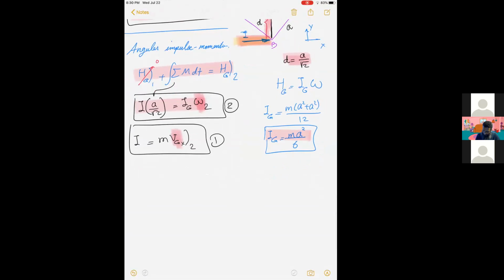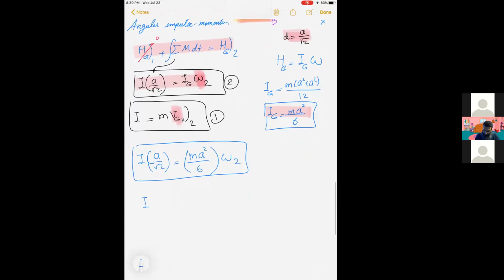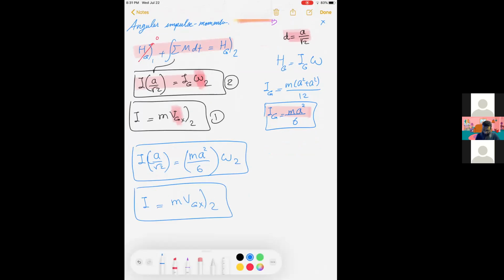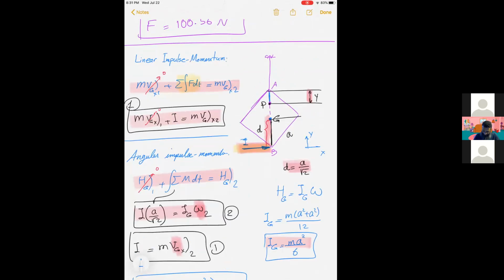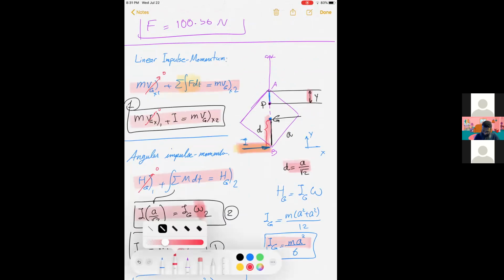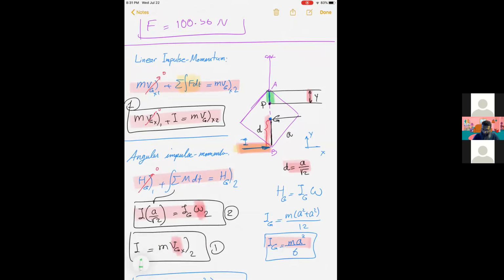So if I simplify this, you're going to have I A over the square root of 2 equal to m A squared divided by 6 times omega 2, that's one equation, and the other one, I is equal to m vGx2. I have two equations that I can use to find omega and vG, but I'm looking for this distance here, which I called y.